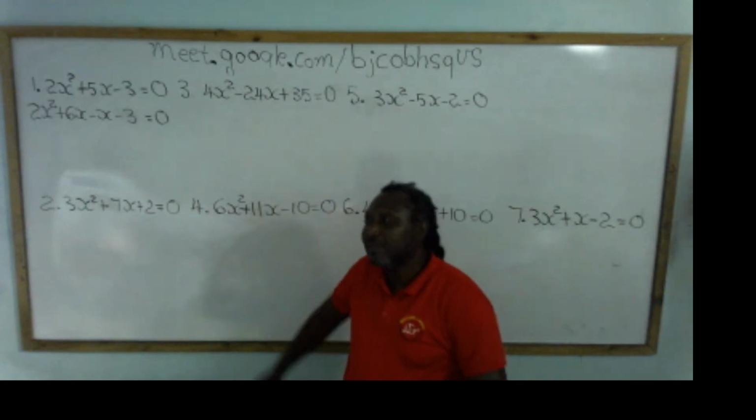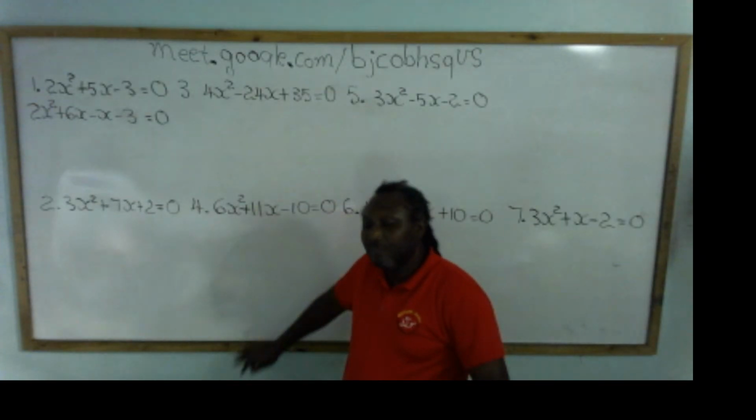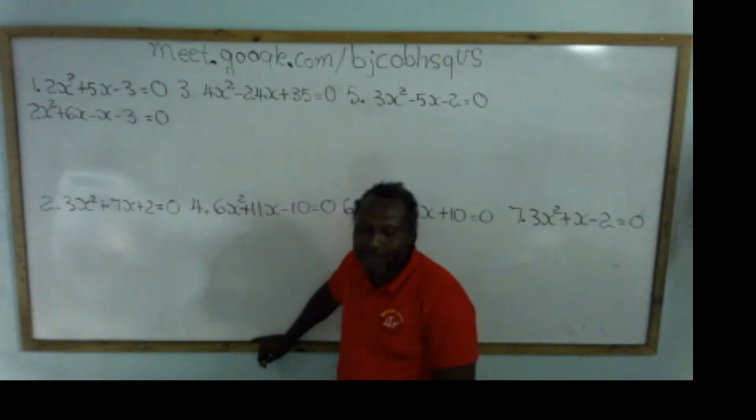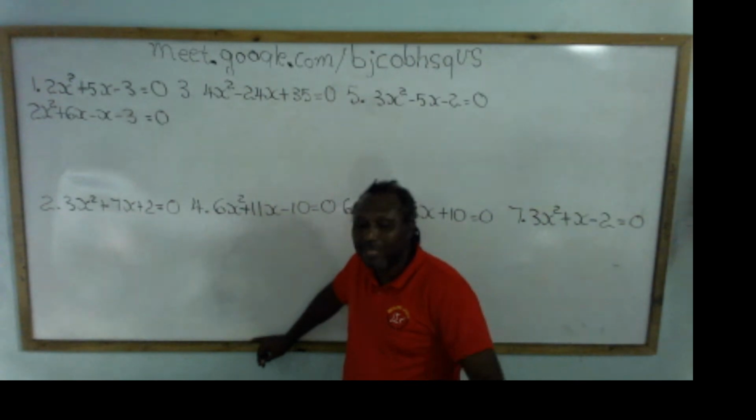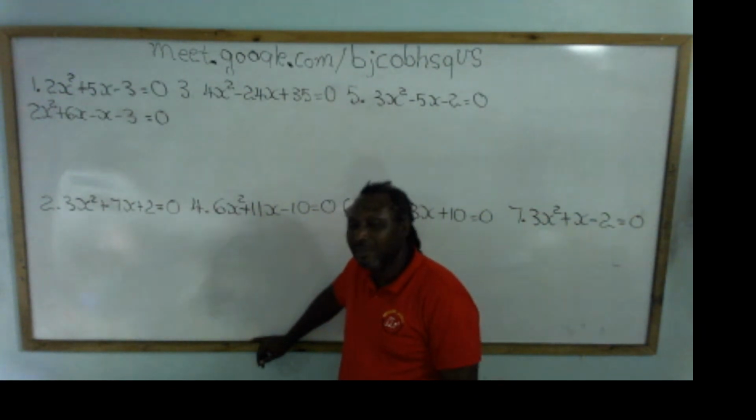So students, by the time we are through today, you will see every kind of factorization: factorization by grouping, basic trinomial, extended trinomial, the fundamentals of factorization, basic factorization, difference of two squares.